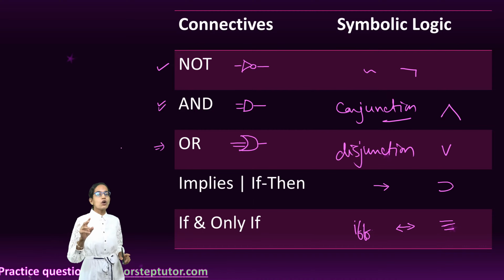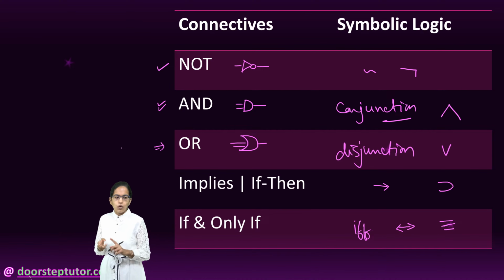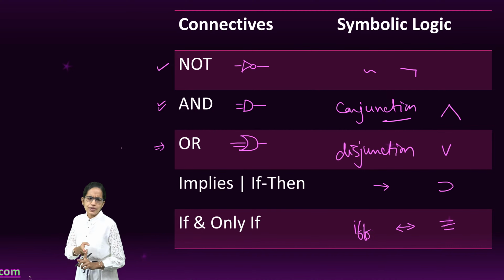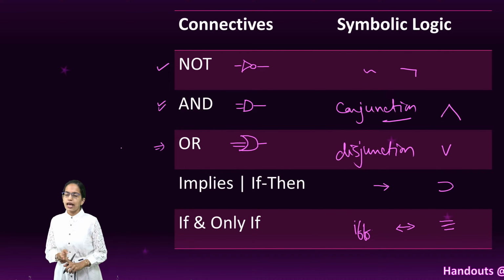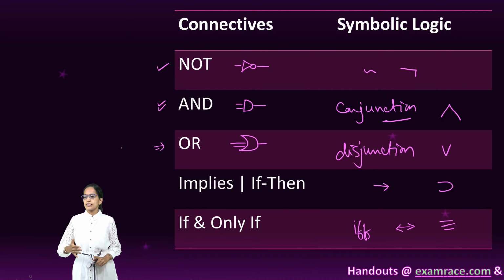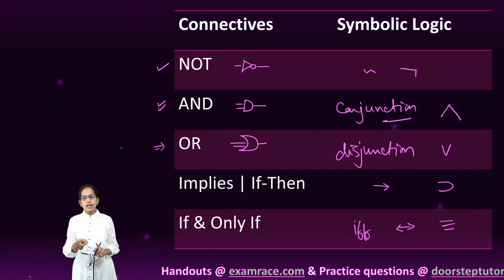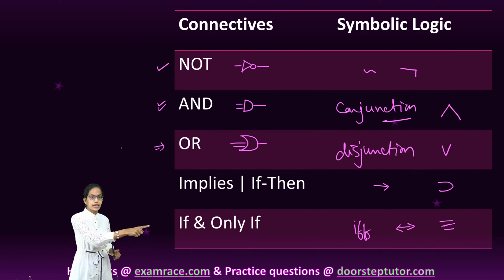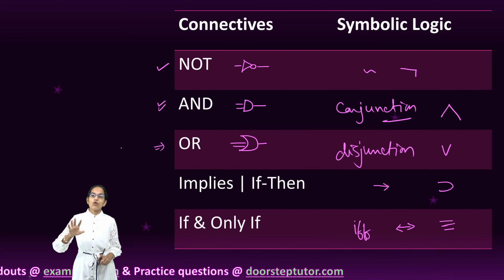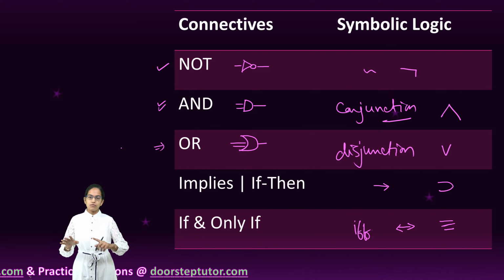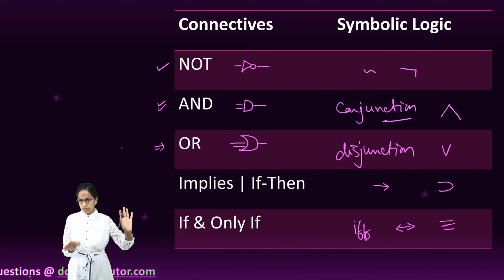Then we have a combination of if then. Now what is if then? If then is a simple combination. I say if you pass in the exam, you would get a job. So that means if you pass in the exam, then you would surely get a job. But what if you do not pass in the exam? We cannot say you can get the job, or you cannot get the job.